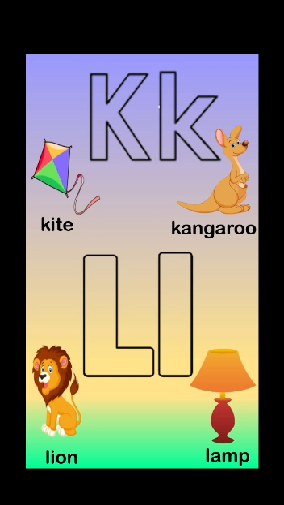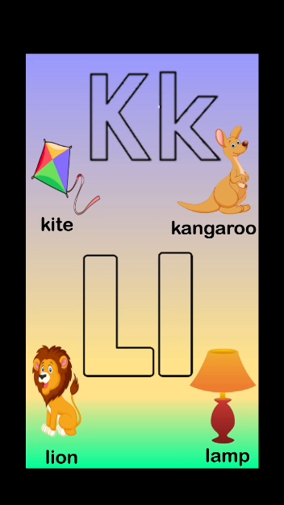Next letter is letter K. And the sound of letter K is K. What comes from letter K? K for kangaroo. K for kite.